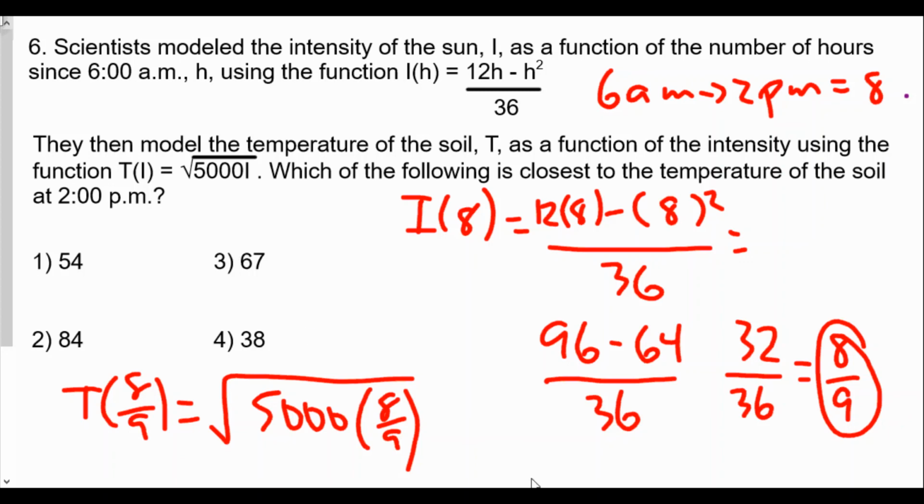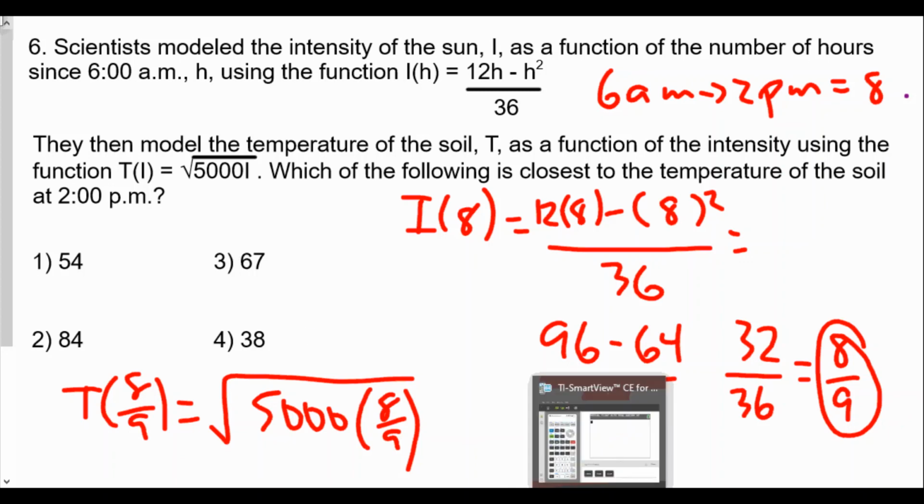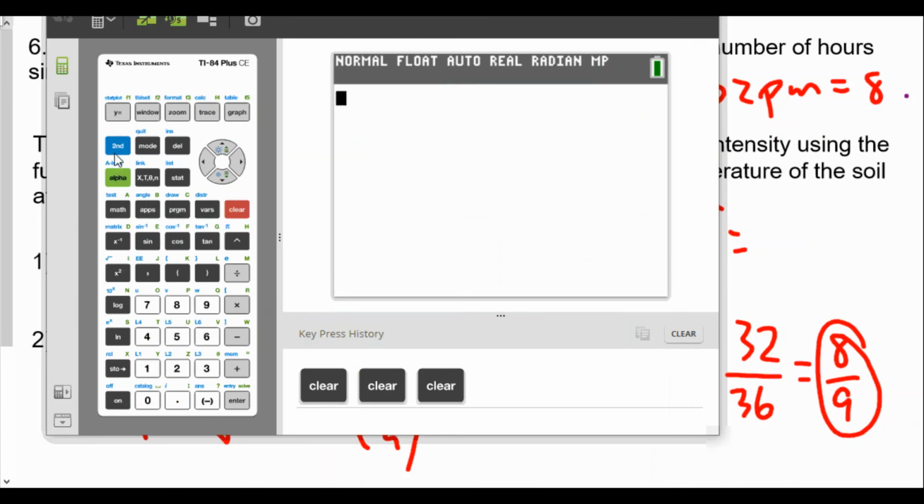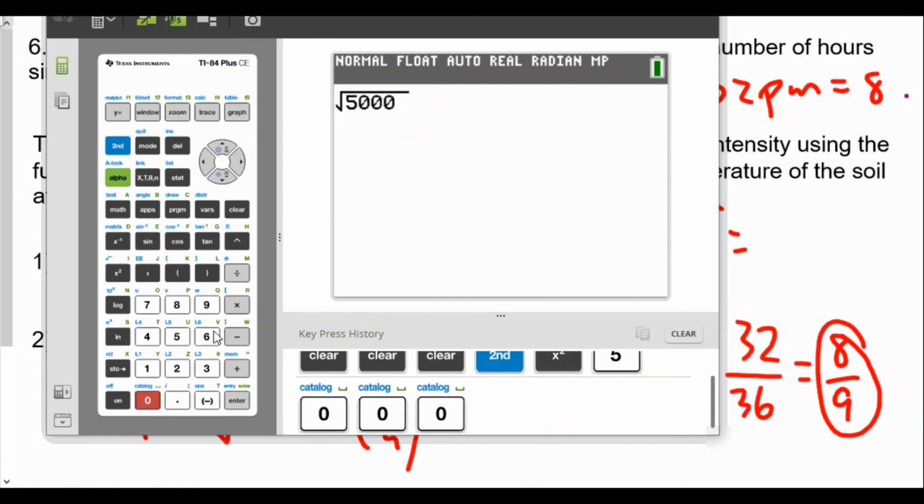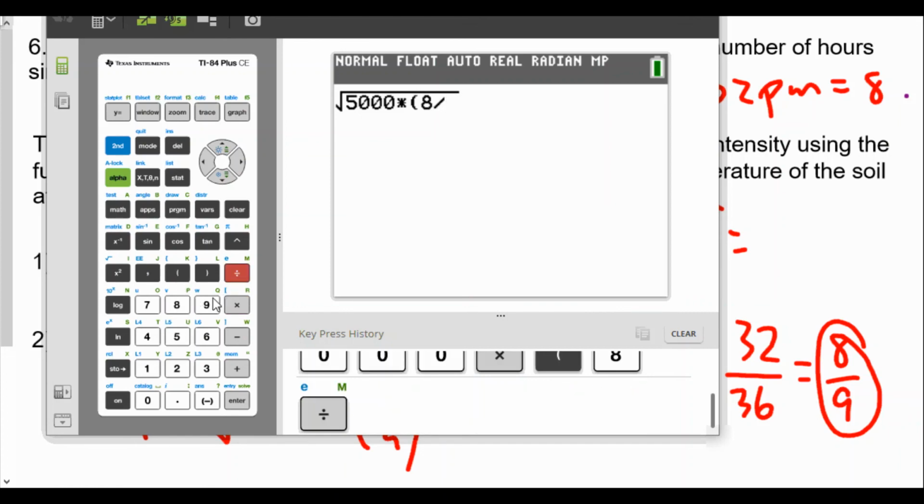We're going to take the square root of 5,000 times 8 divided by 9. I'll put in parentheses, doesn't really matter. The calculator would have figured it out anyway, but that's okay.